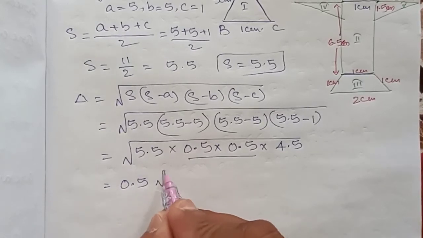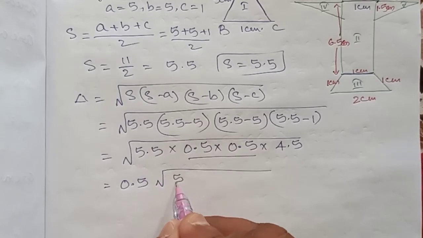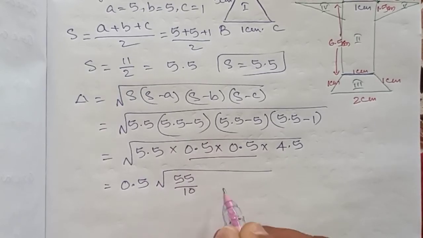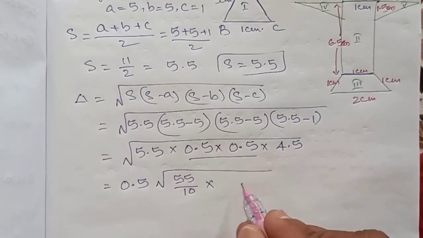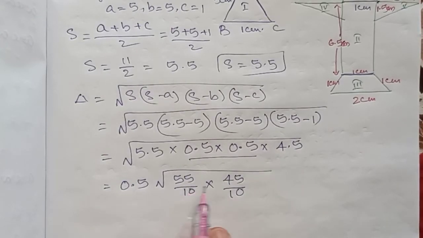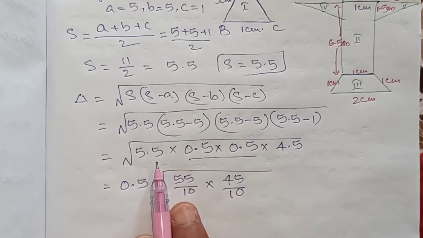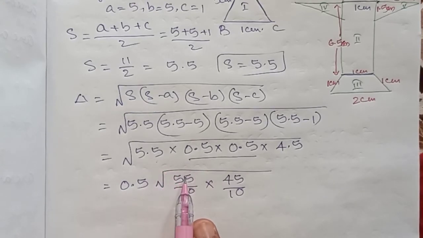Okay, what is left inside? 5.5 will be left inside. So 5.5 I will write as 55 by 10 into 4.5 I will write as 45 by 10. I have removed the decimal part by multiplying with 10, because after the decimal one number is given. So this became 55 by 10 and this became 45 by 10.